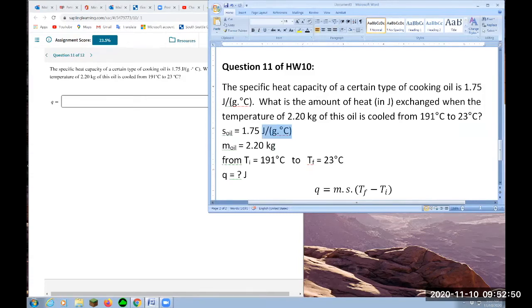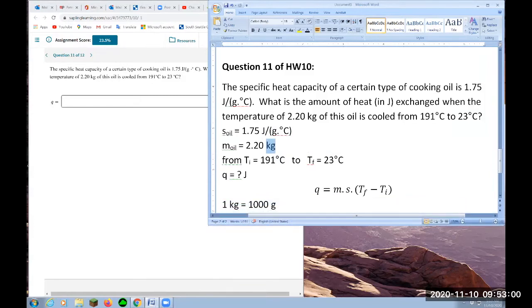So we have the degrees, but we don't have the grams, we have kilograms. So we will need to change the kilograms into grams. And we know 1 kilogram is equal to 1,000 grams. That's the prefix kilo here. The prefix kilo has a value of 1,000.